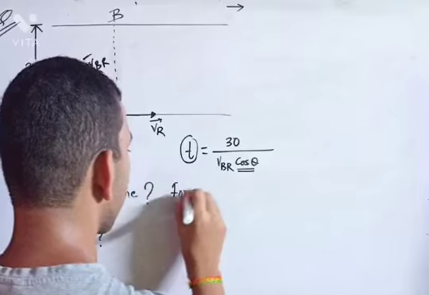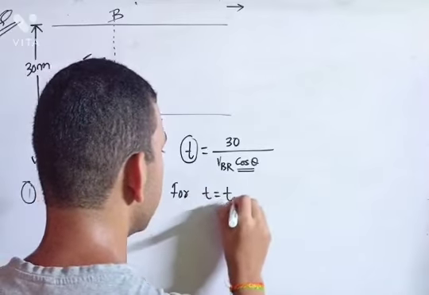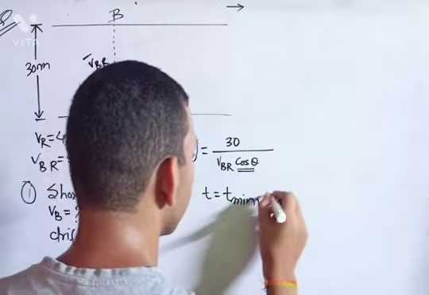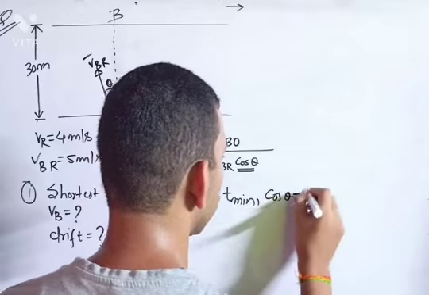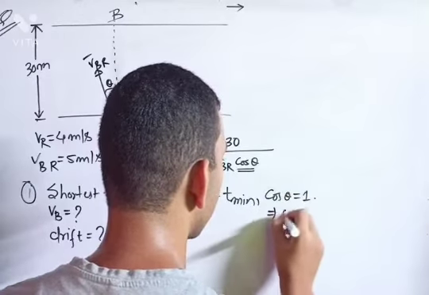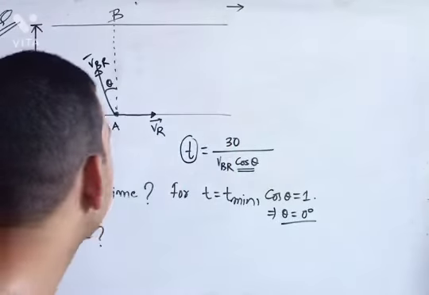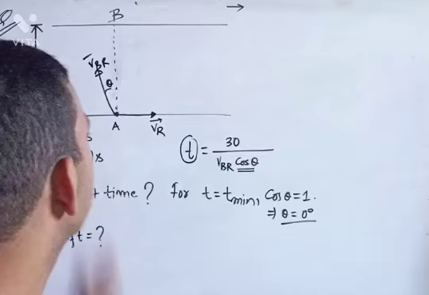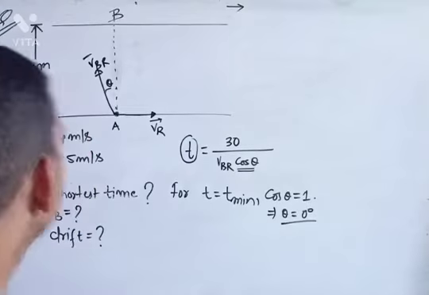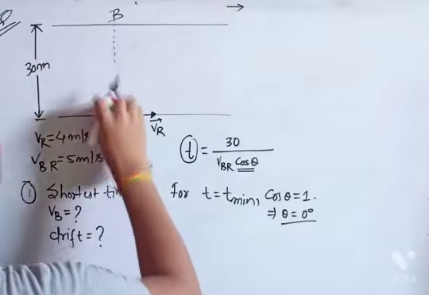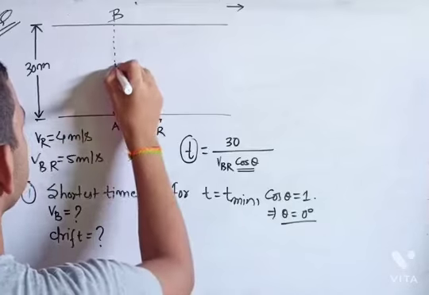For t equal to t minimum, cos theta must be equal to 1, or theta equal to 0 degree, because we know that cos 0 is equal to 1. That means this angle is 0. Then the VBR vector will lie along the path AB.